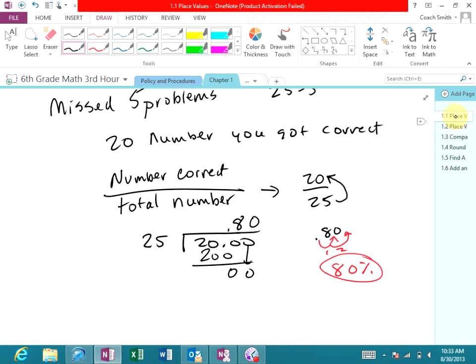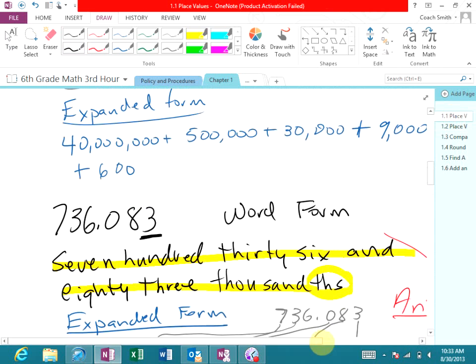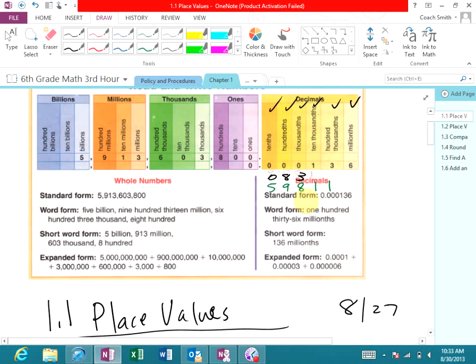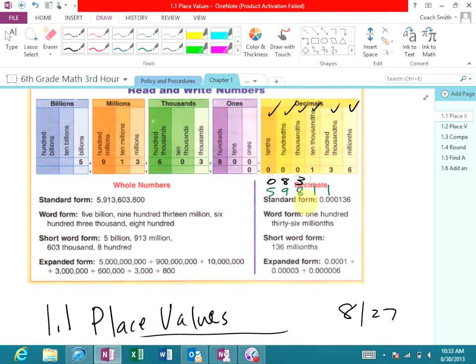Well, if we go back to our place value chart from the other day, here's 1's. That is 10 to the zero power. So if we look at this chart, here is 10 to the 0, 10 to the first, 10 to the second, 10 to the third, 10 to the fourth, 10 to the fifth, 10 to the sixth, 10 to the seventh, so on and so forth.